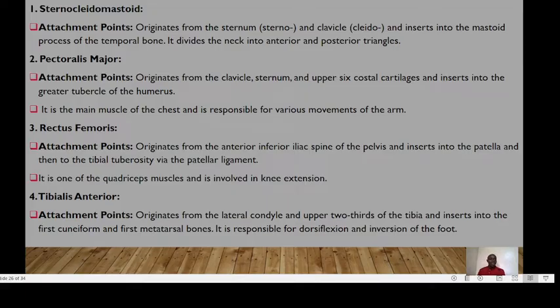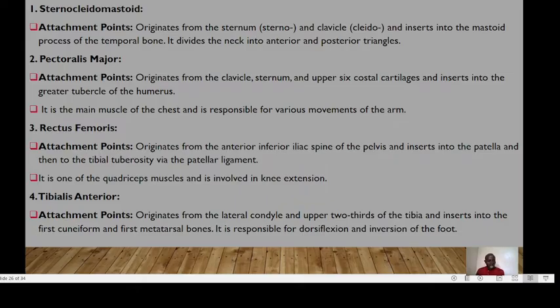Rectus femoris, it originates from the anterior inferior iliac crest of the pelvis and inserts into the patella. It inserts itself into the patella and then to the tibial tuberosity via the patellar ligament. It is one of the quadricep muscles and is involved in knee extension.